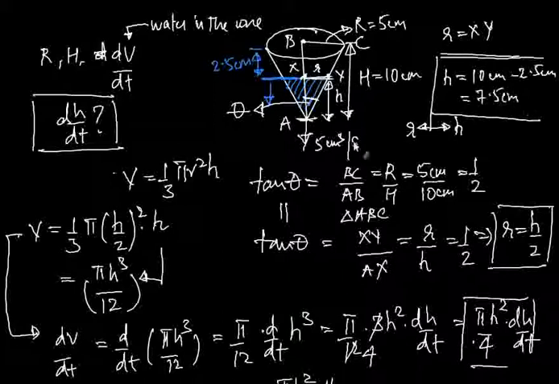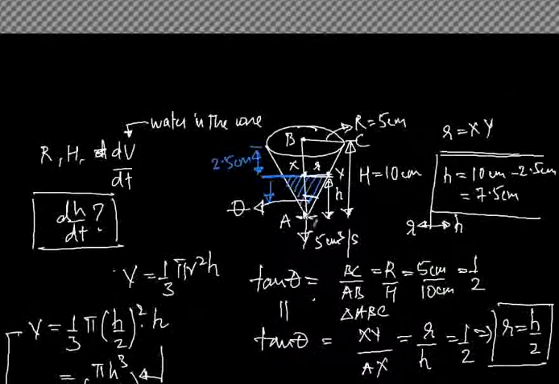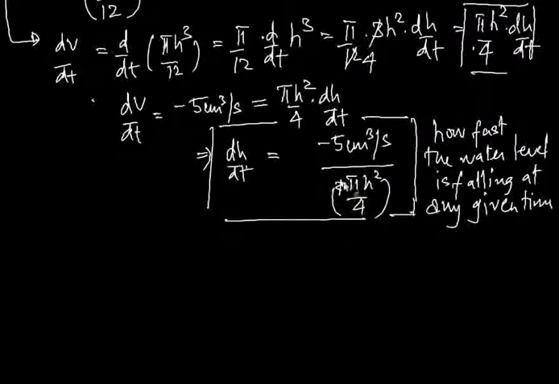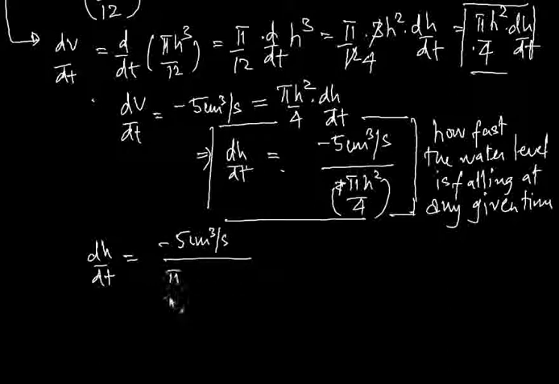7.5 centimeters. And if we plug in the value of h in this expression for dh by dt, then we get dh by dt is equal to minus 5 centimeter cube per second divided by pi by 4 times 7.5 centimeters square.